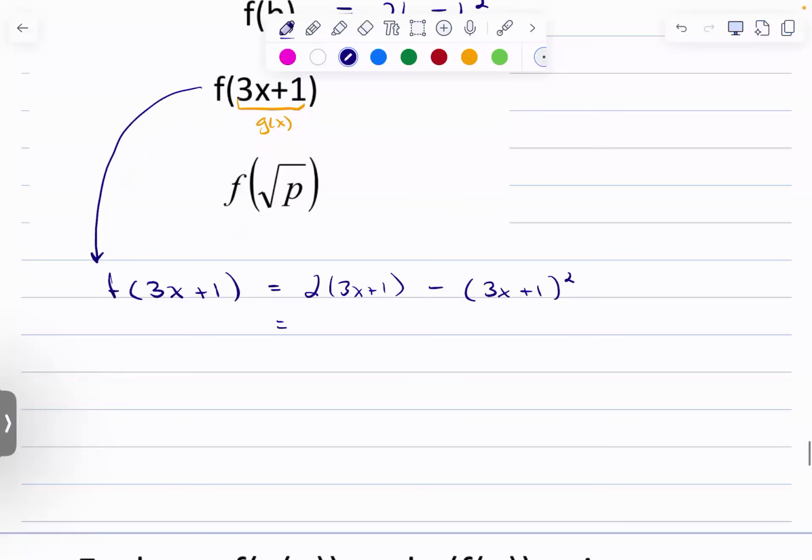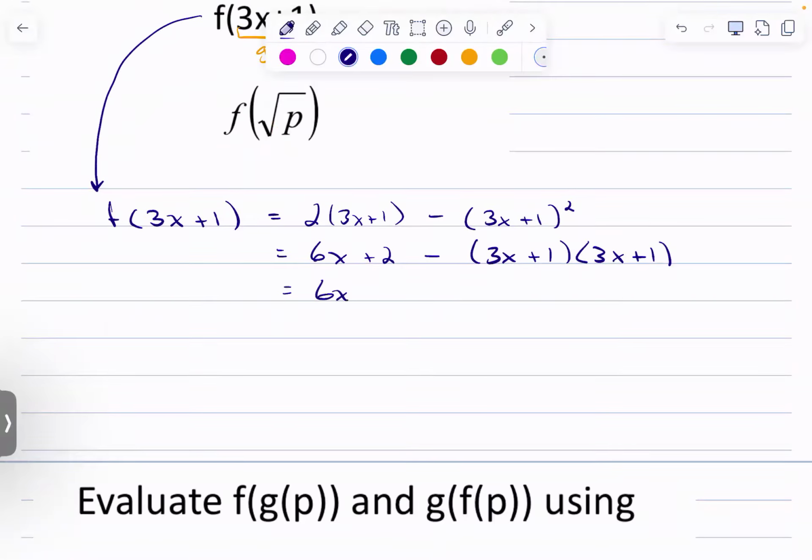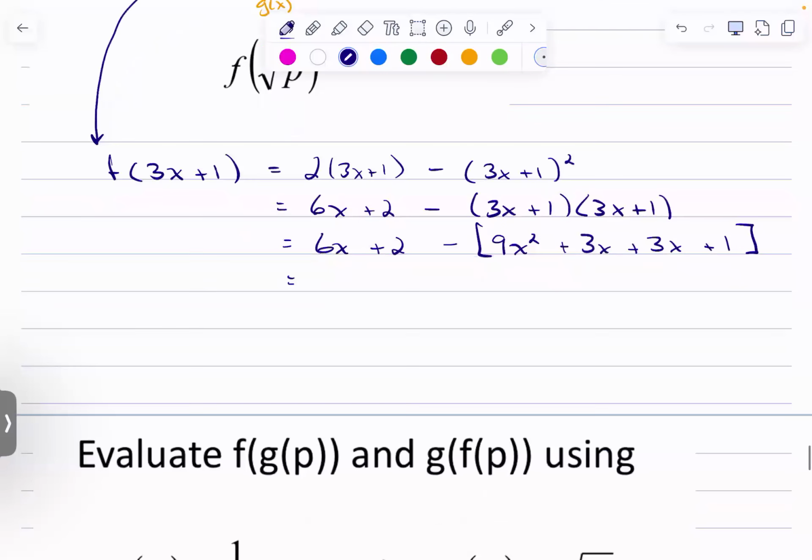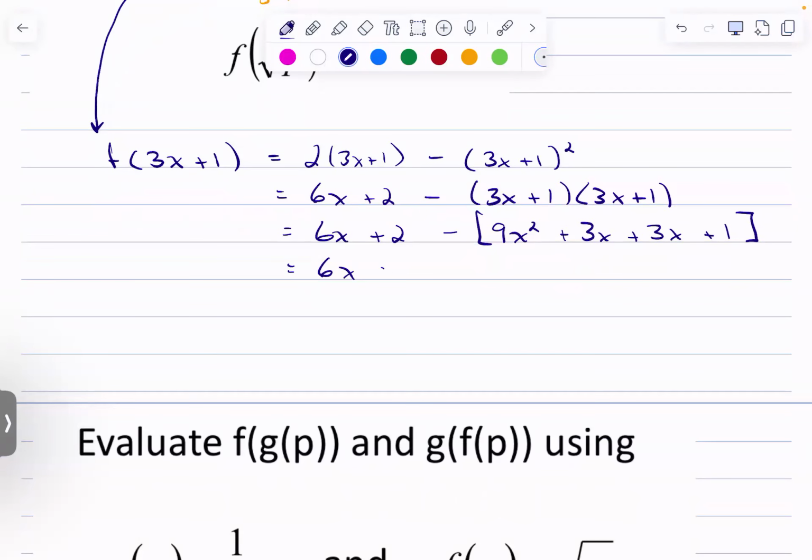We can expand this, right? 2 times 3x, 6x plus 2 minus, and I have to... sounds like you guys are stronger expanders than I am. That's okay. That's great. 3x times 3x, I'm going to go with 9x squared plus 3x plus 3x plus 1. 6x plus 2 minus 9x squared.